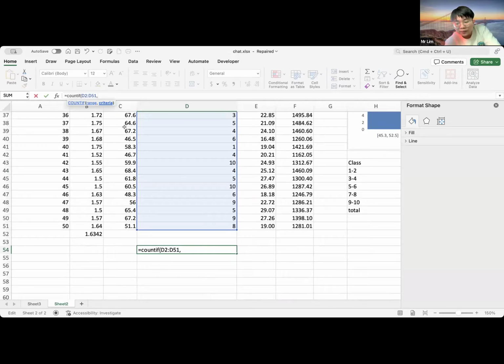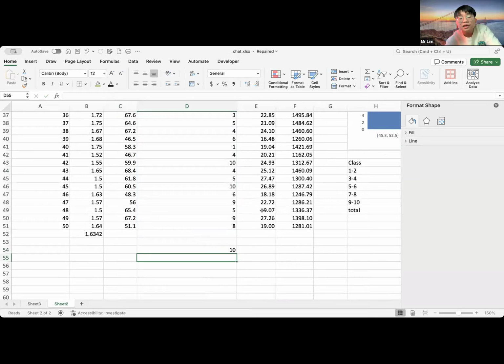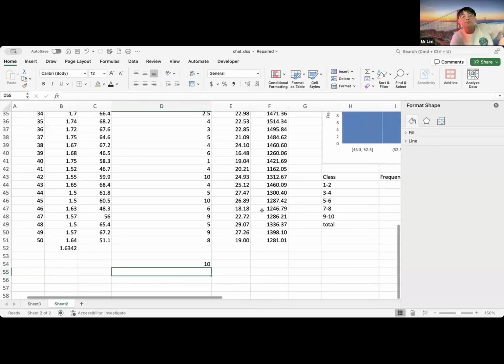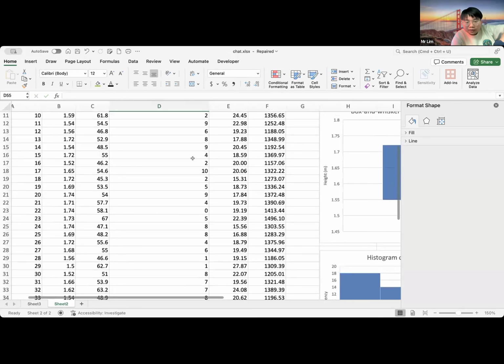Open quotation, put less than 2.5, close the quotation. This will show you the total number less than 2.5. For example, let's say I got 10.